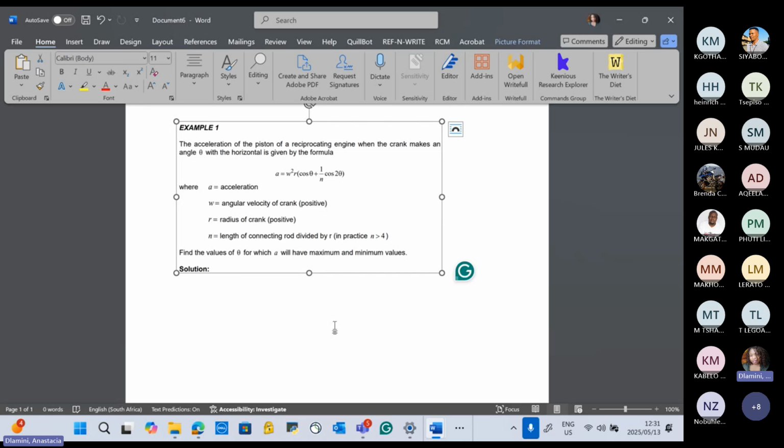Now they say where A is the acceleration, omega is the angular velocity of the crank, which is positive, R is the radius of the crank, which is positive, and n is the length of the connecting rod divided by R. In practice, n has to be greater than 4. Now they're saying find the values of theta for which A will have a maximum and a minimum value.